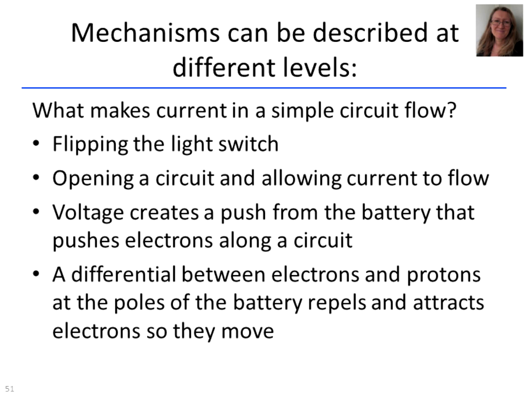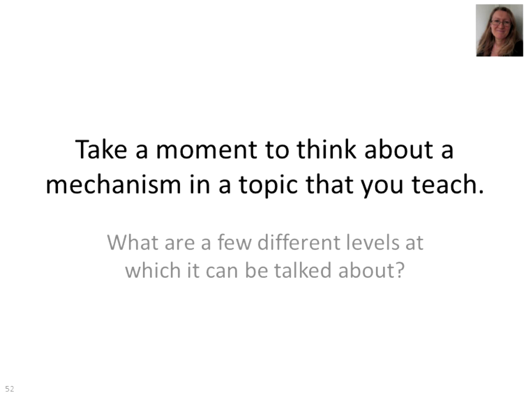So the mechanism really can be described at different levels, and one of the implications of that is that as you start to describe mechanism at different levels, often what you talk about in terms of cause and effect changes. What's actually considered the cause. Let me ask you to stop and think.